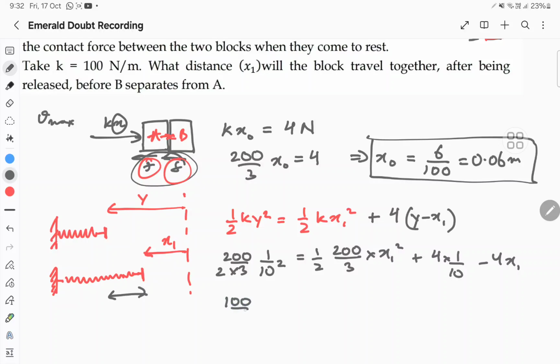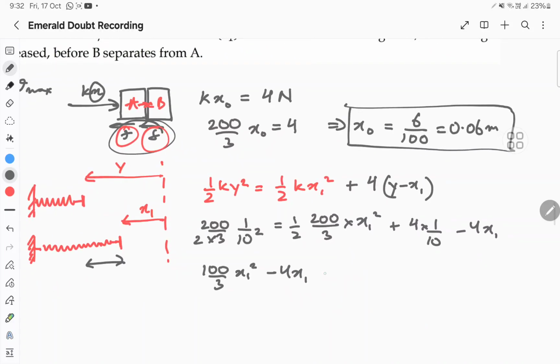So we have got 100 by 3 x1 square minus 4x1 plus 4 by 10, and what we have here is 1 by 3, so plus 4 by 10 minus 1 by 3, so that's 2 by 30, so I'll write it as 2 by 30.